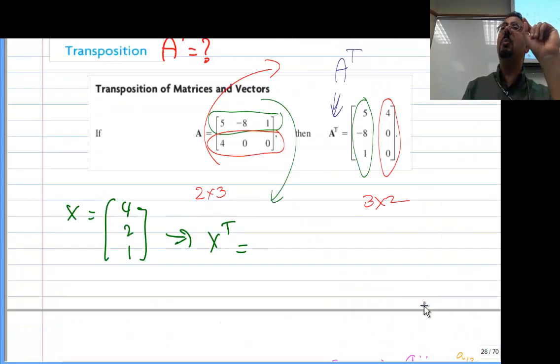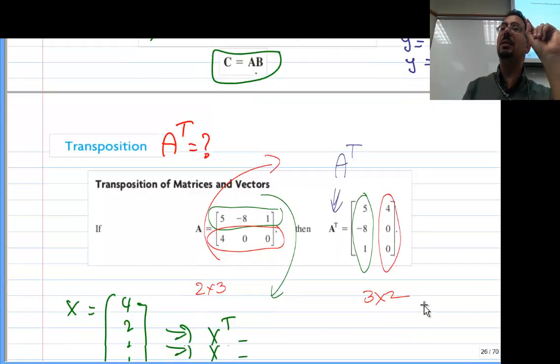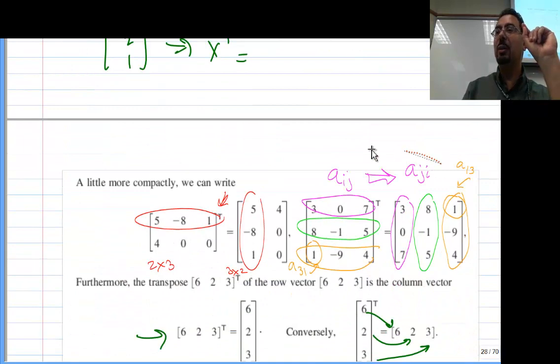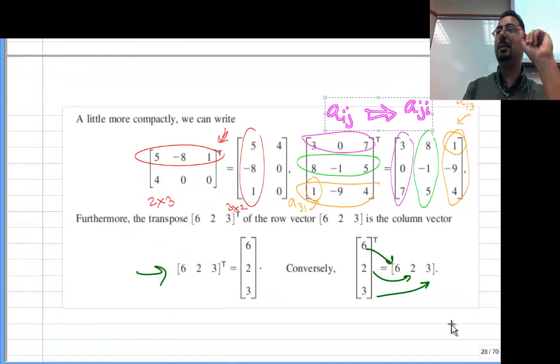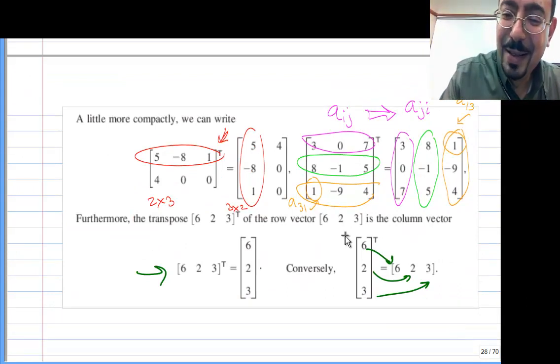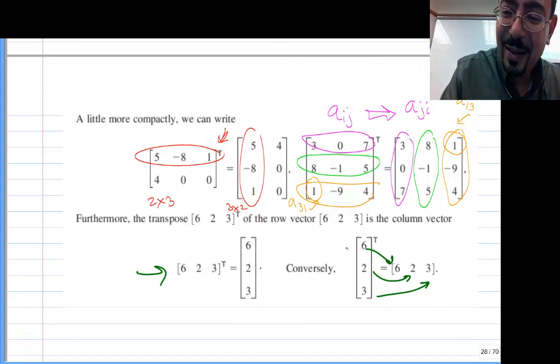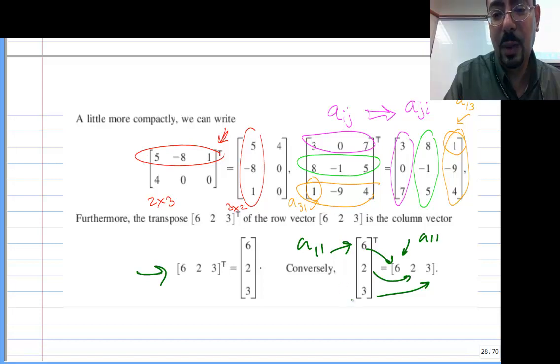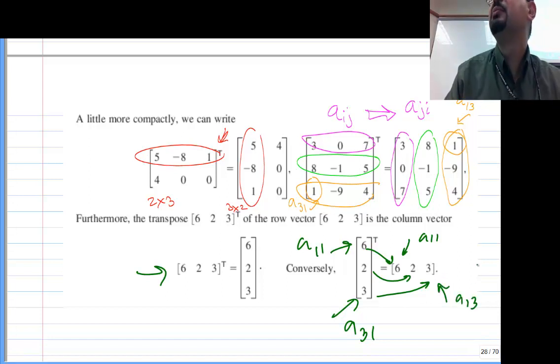So basically, Aij becomes Aji. That's the trick, right? So Aij becomes Aji. Do whatever it takes to do this. What is that guy? That's A11. He will stay A11. Okay, this guy is A31, so he should be A13.